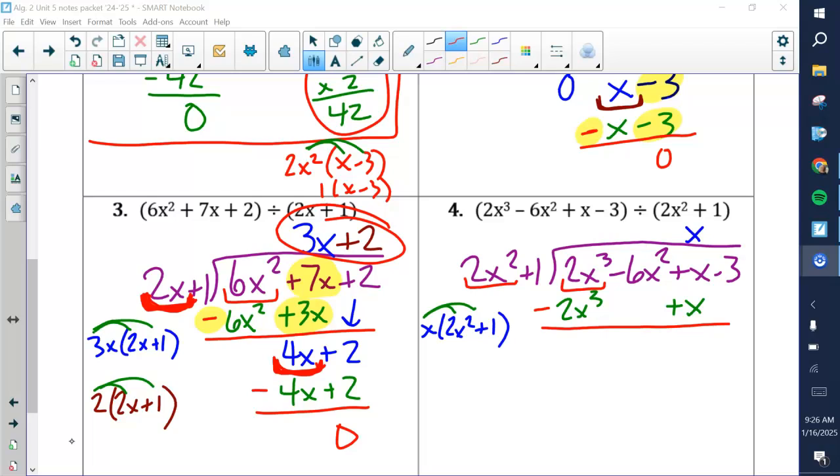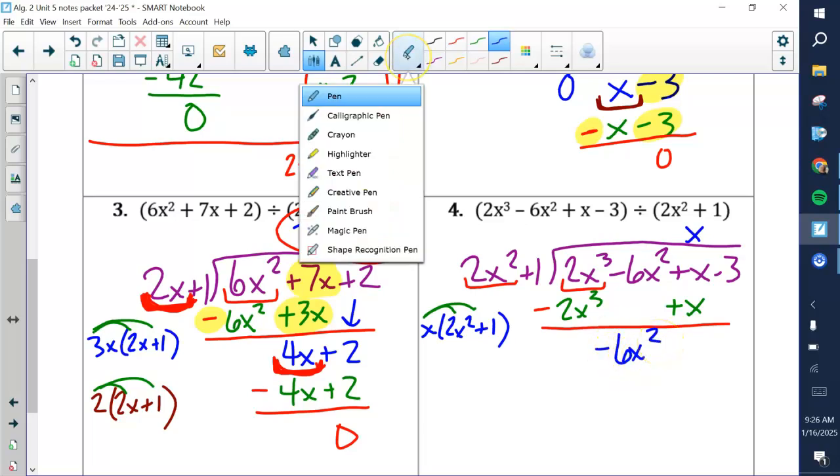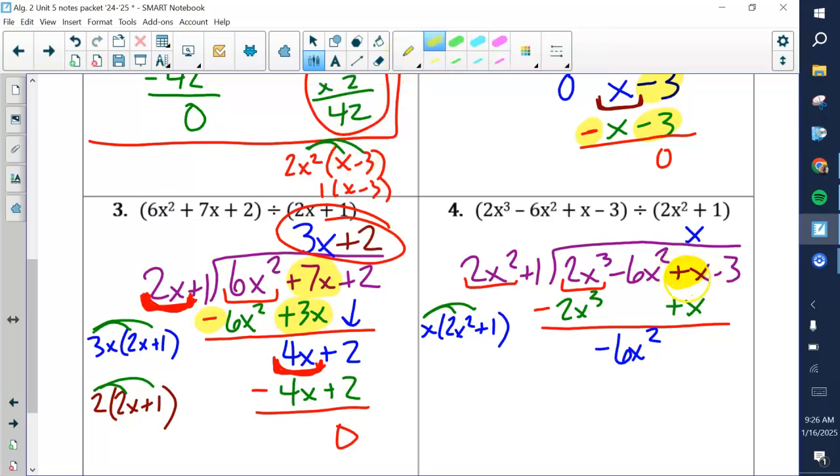So when you do this and you do subtraction, 2x cubes cancel, and then you have minus 6x squared. x minus x is 0. And so then I just bring down my minus 3.